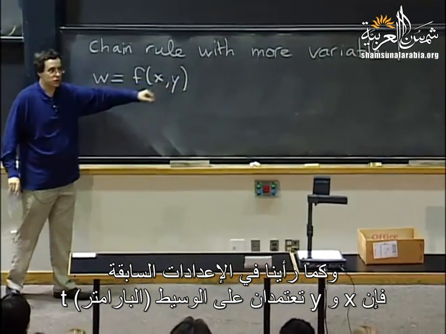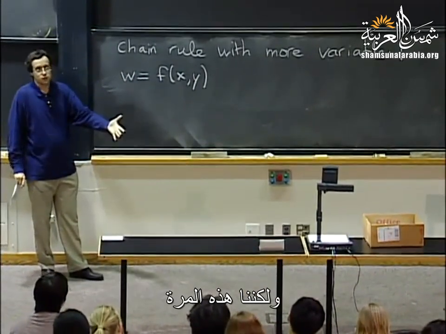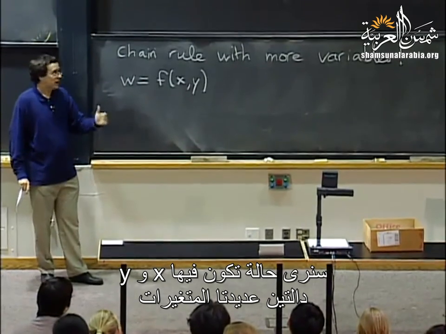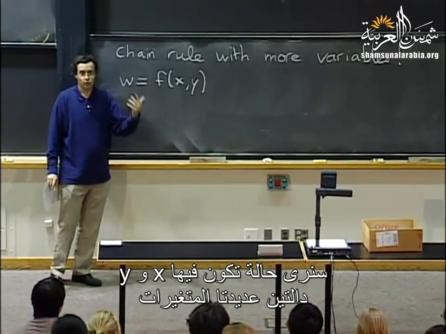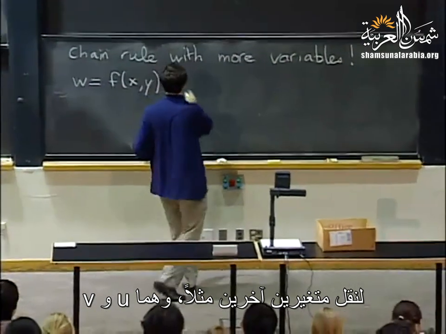In the previous setup, x and y depended on some parameter t. But now let's look at the case where x and y themselves are functions of several variables, let's say of two more variables. Let's call them u and v.